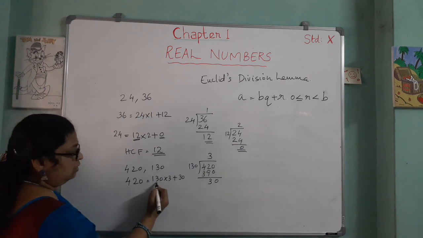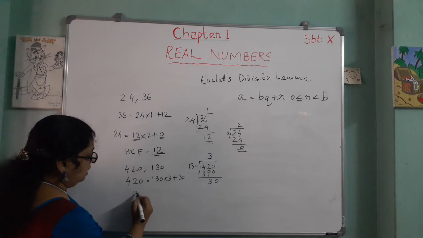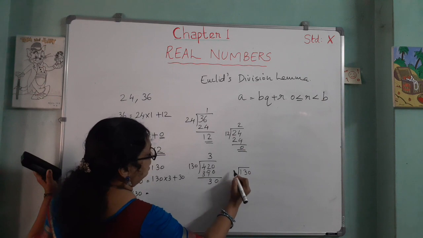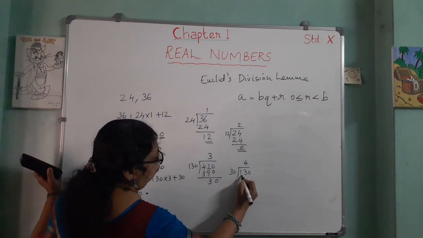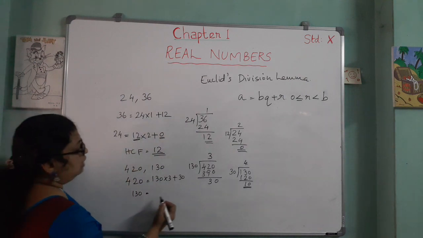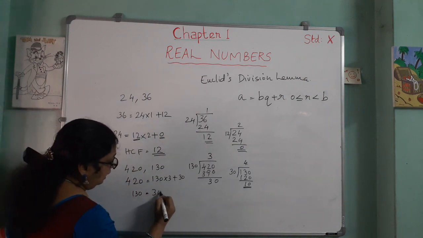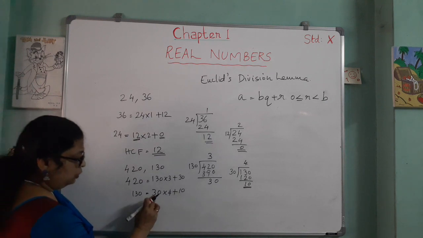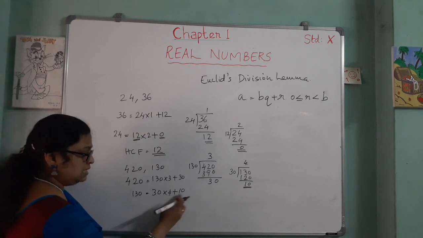Again we write this 130 as dividend. 130 divided by this 30, we know 4 times is 120 and the remainder is 10. So we write 130 equal to 30 into 4 plus 10. That is dividend equal to divisor into quotient plus remainder.